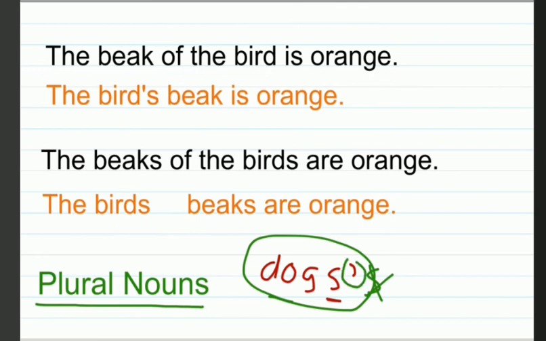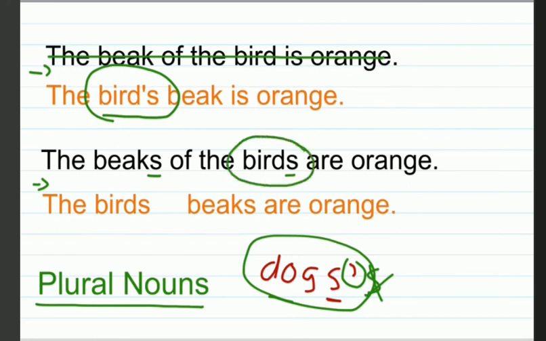Let's go back to our first example. The beak of the bird is orange. We decided we don't like that sentence, that it would be better to use a possessive noun. The bird's beak is orange. All right. But now we got this plural noun. Now we're using beaks. The beaks of the birds are orange. All right. So birds will be our possessive noun.